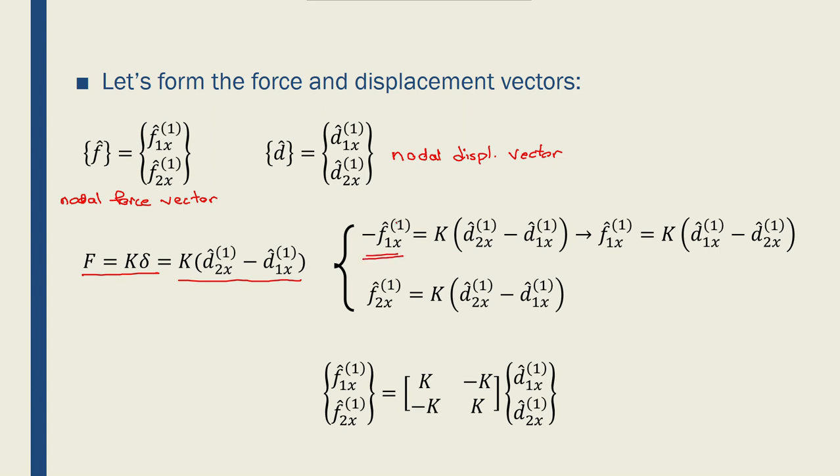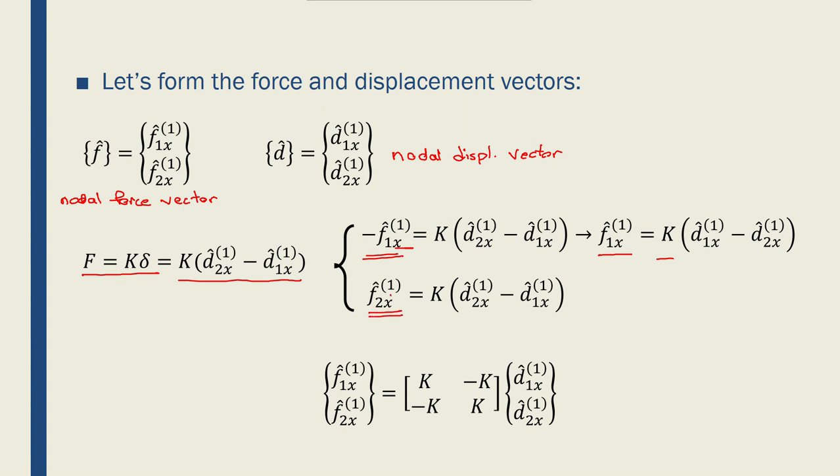So F1x1 for element 1 is equal to K delta, K times D2x1 minus D1x1. So if we bring this negative sign from the left hand side to the right hand side and rearrange it, F1x1 becomes K times D1x1 minus D2x1.